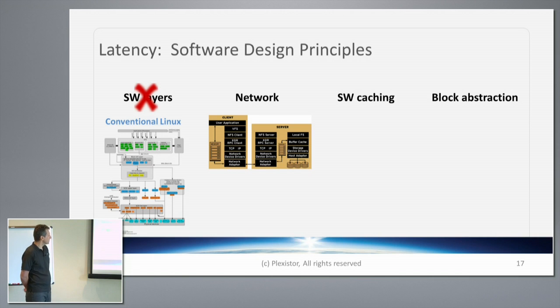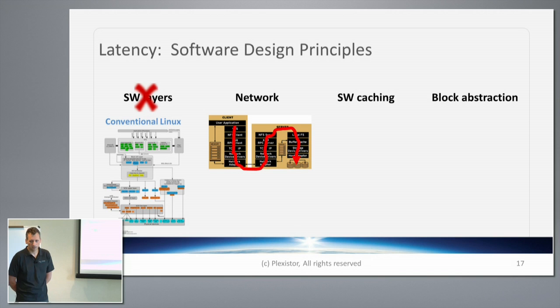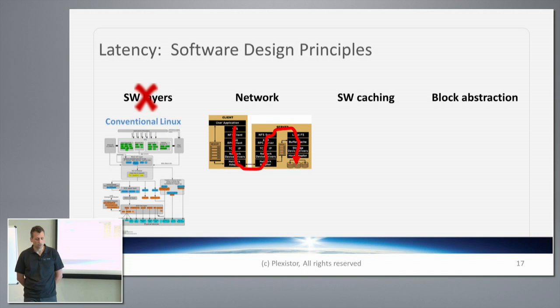The second thing is network. Obviously storage started as direct attached storage at the beginning, but with EMC and NetApp and all the others that came along, storage was a lot of the time consumed over the network.